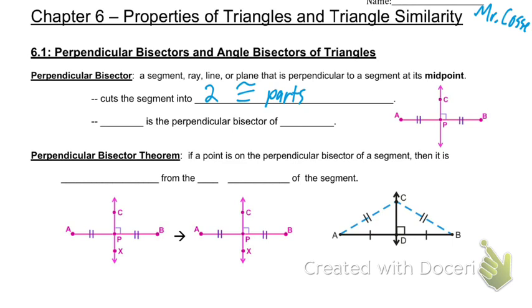Segment AB is being bisected, and what's doing the bisecting? Line CP. Line CP is bisecting perpendicularly, so it's a perpendicular bisector of segment AB. We can tell segment AB is cut in half, and it's perpendicular.